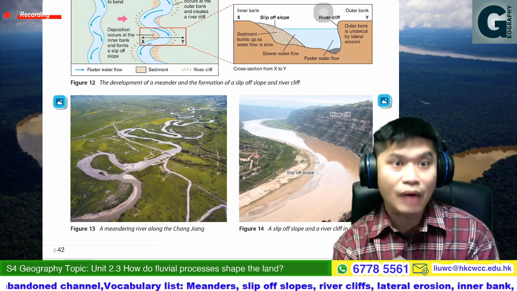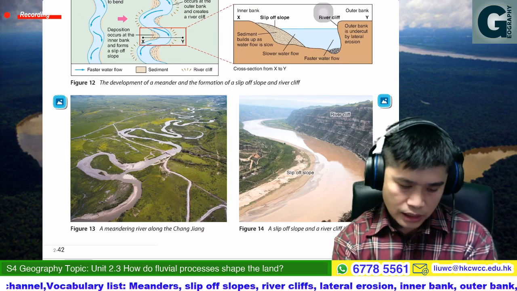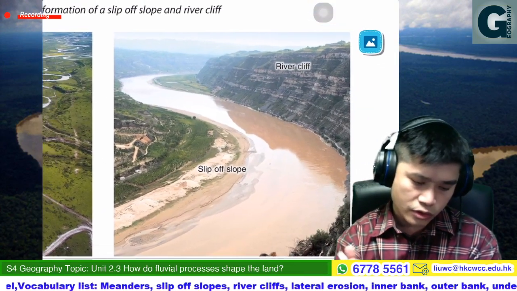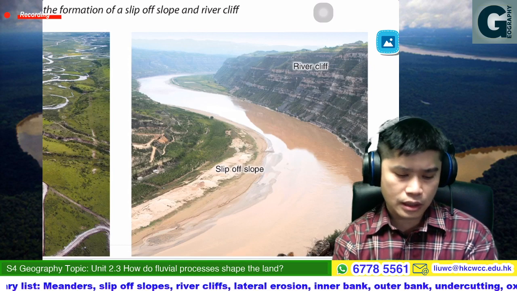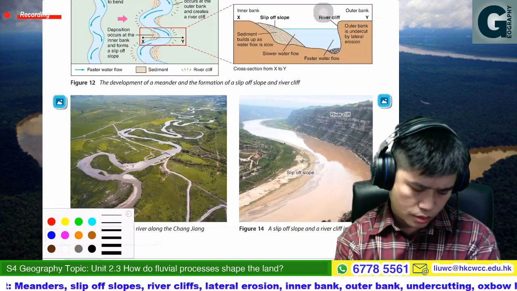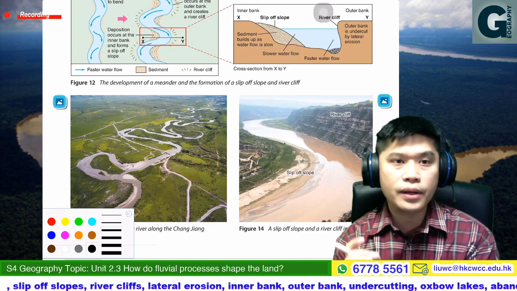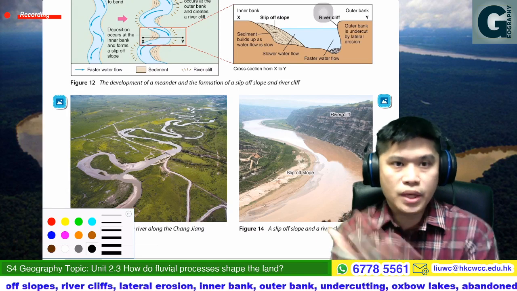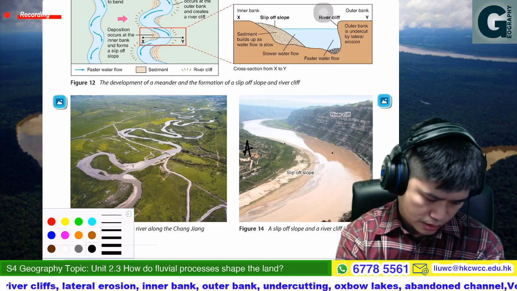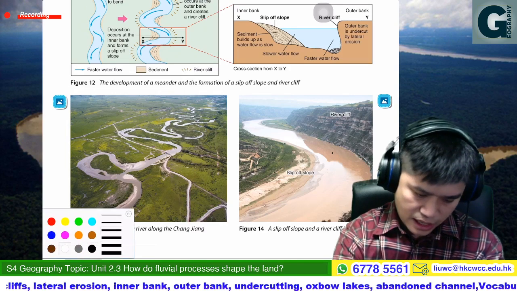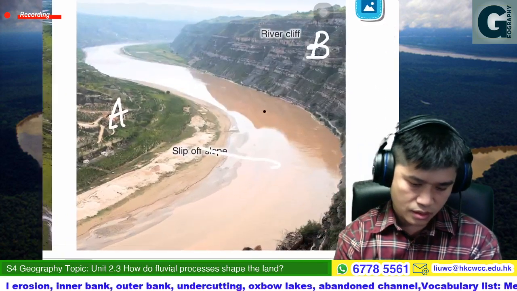It is something like feng shui. Why is this about feng shui? If I use this area as an example, and I ask which side, inner bank or outer bank, do you think would be a good place for someone to build his house or to settle, side A or side B?